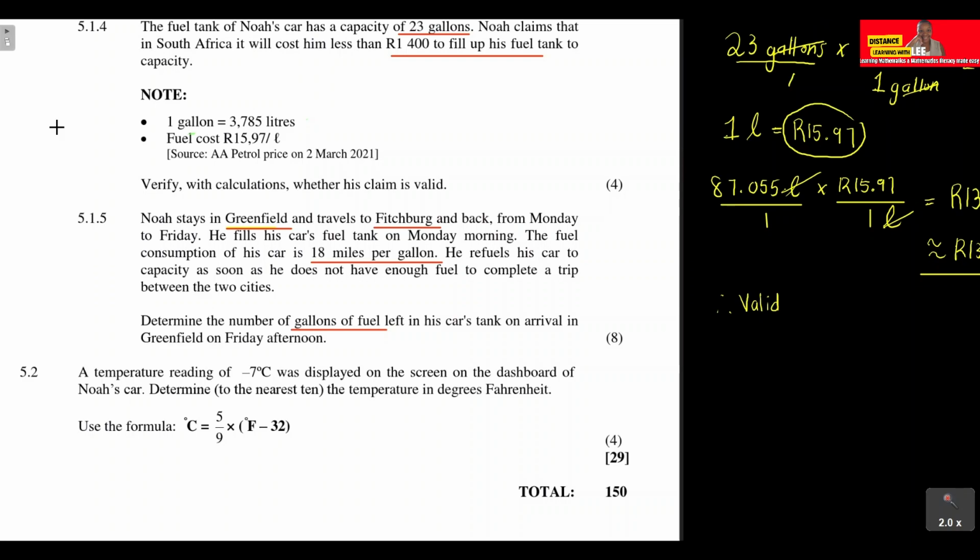Once we've determined that, we will be able to determine how many trips those miles can make, and then for how many days his petrol will last him. Once we've determined that, we will be able to determine the number of gallons. So let's build this question up so that I do not lose anyone.